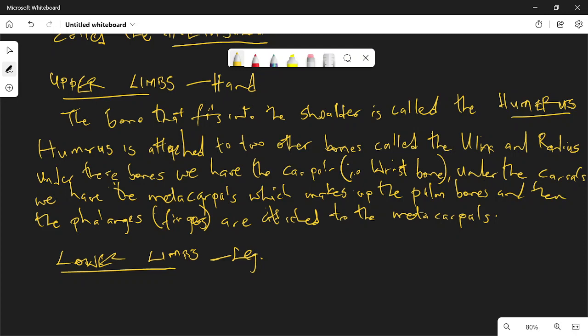The lower limbs or the leg, the bone that fits into the hip is called the what? The femur.